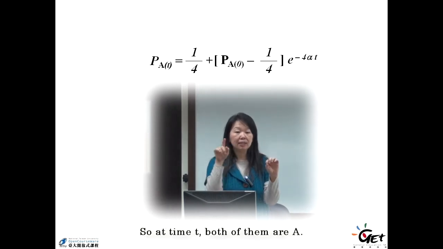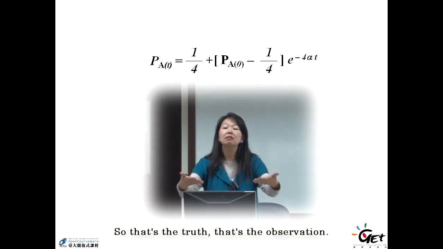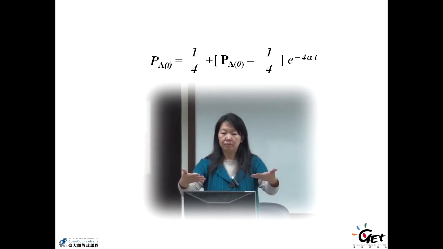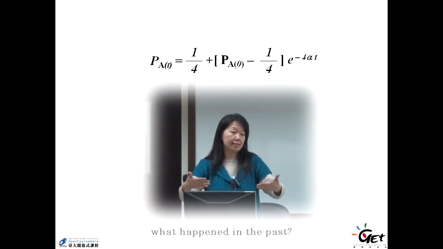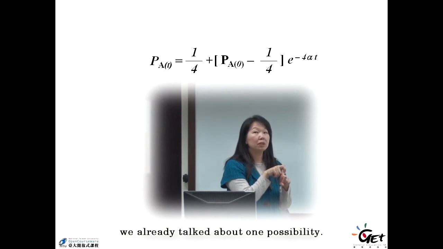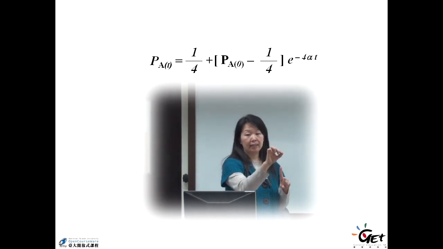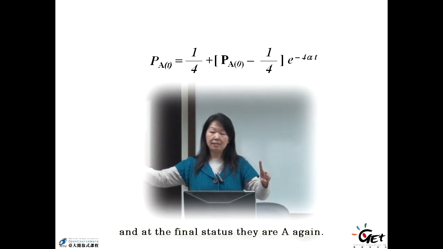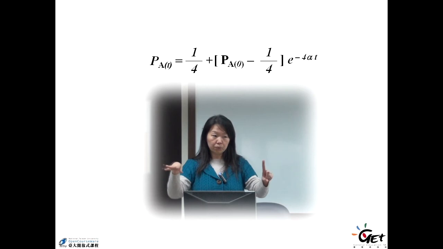So at time t, both of them are A. That's the truth, that's the observation. And you want to ask what happened in the past. There are two possibilities, and we already talked about one: we start with the nucleotide A, then at the final status they are A again. And what's happening in the middle?